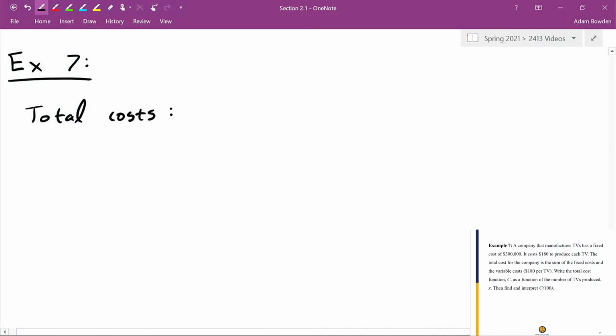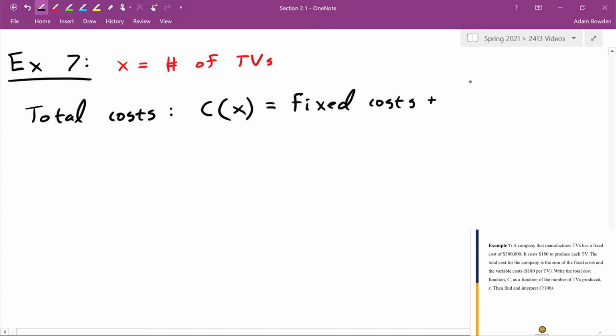So we're coming up here again with a function for total costs, which we're calling capital C. And as a function, we'll call that capital C of x. X is the input for the number of TVs. So the total costs is equal to the fixed costs plus $180 per TV.